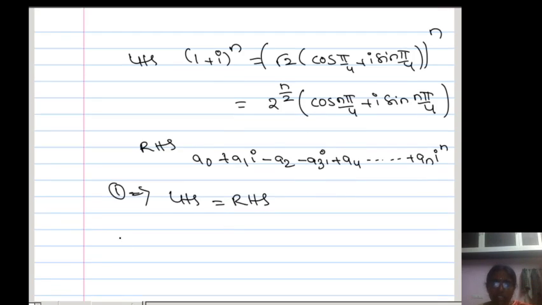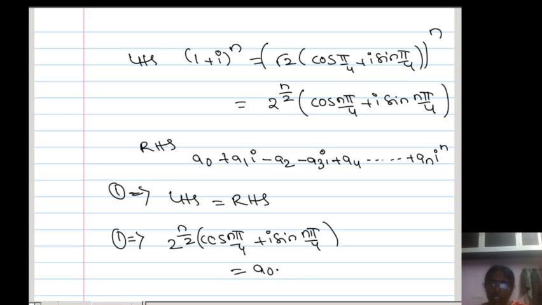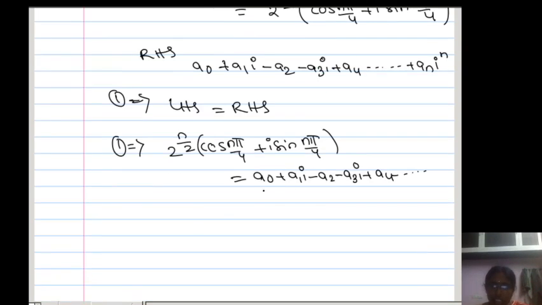First equation implies 1 plus i whole power n, written as LHS, is 2 power n by 2 into cos n pi by 4 plus i sin n pi by 4, equal to RHS: a naught plus a1 i minus a2 minus a3 i plus a4 and so on. You can observe the relation here.